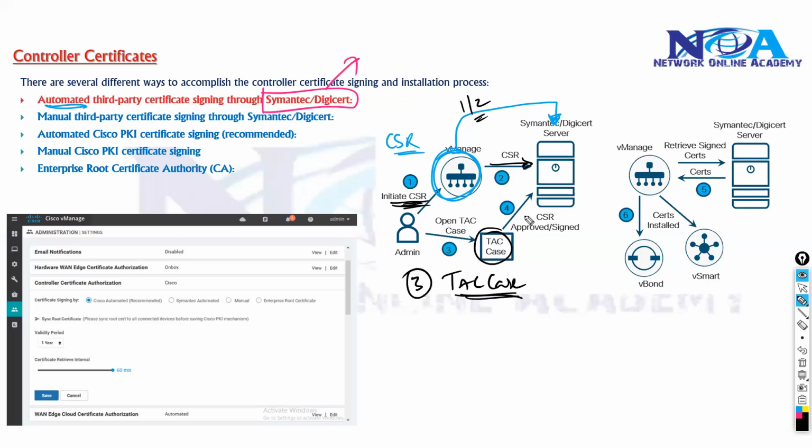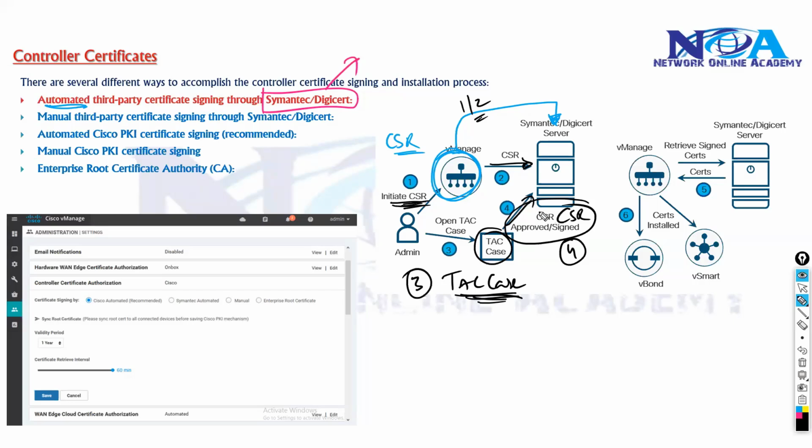Once you raise the case, the certificate will be signed. So now this CSR will be signed and approved. This is the fourth step. And once it's signed, the vManage will automatically get that signed certificate.